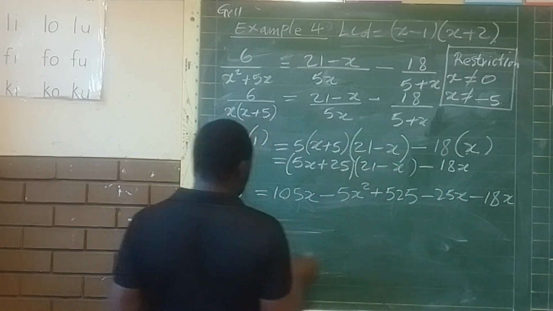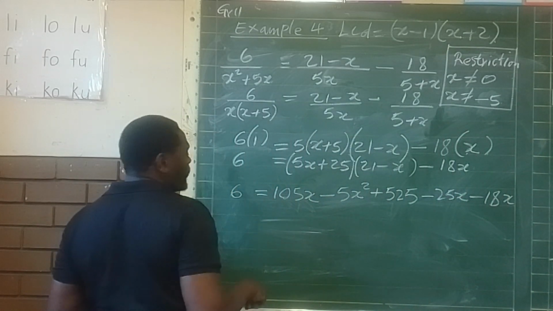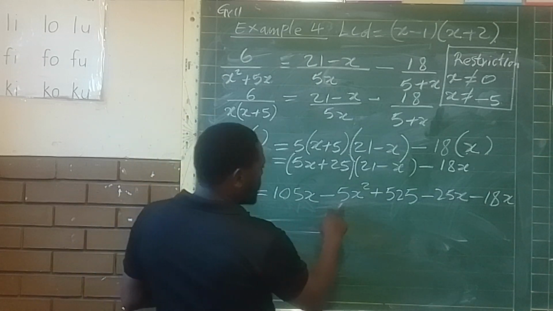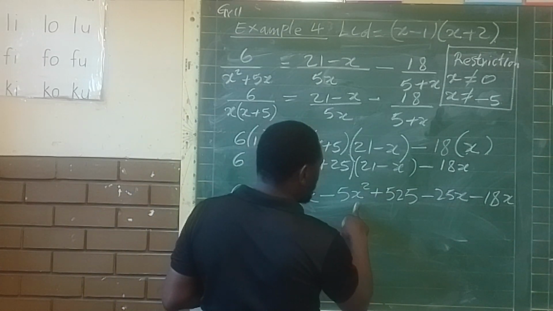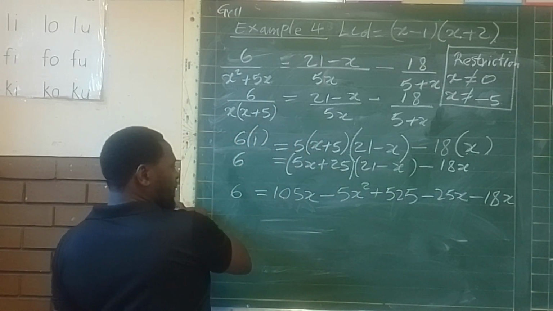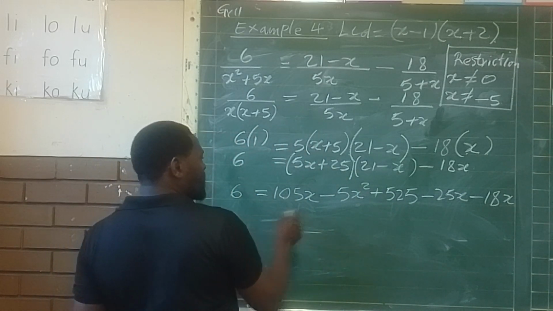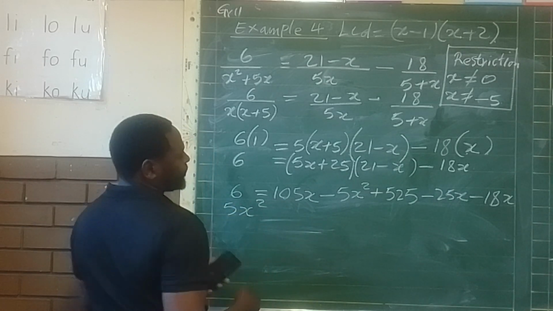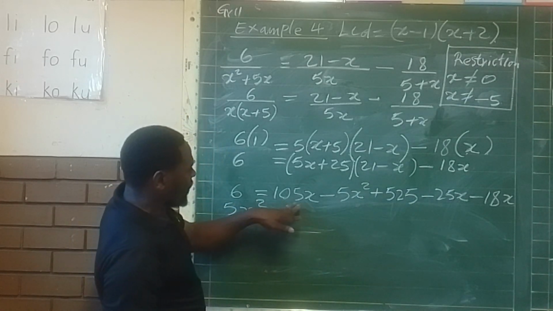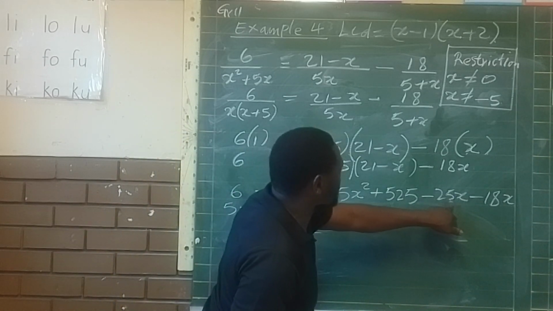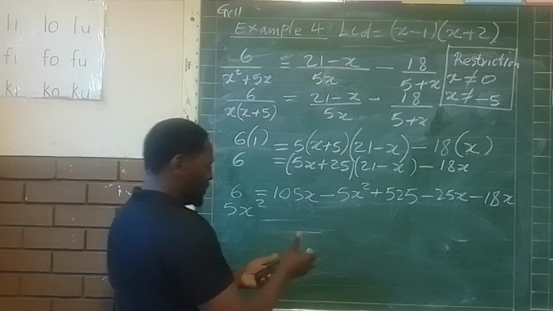Now we add the like terms. Minus 5x squared. We take this minus 5x squared, we bring it on the left hand side, it becomes positive 5x squared. We 105 minus 25 minus 18.